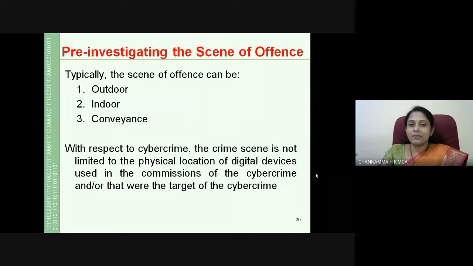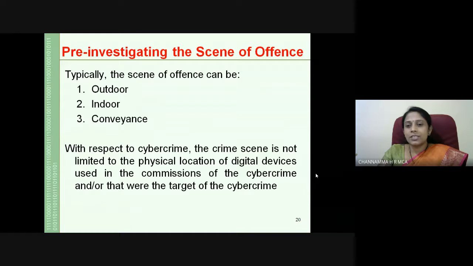But in case of cyber crime or digital crime, this sometimes will not apply. That is, the crime scene is not limited to physical location. Whether it is outdoor, indoor, or conveyance under transportation, they just use digital devices and commit the crime.